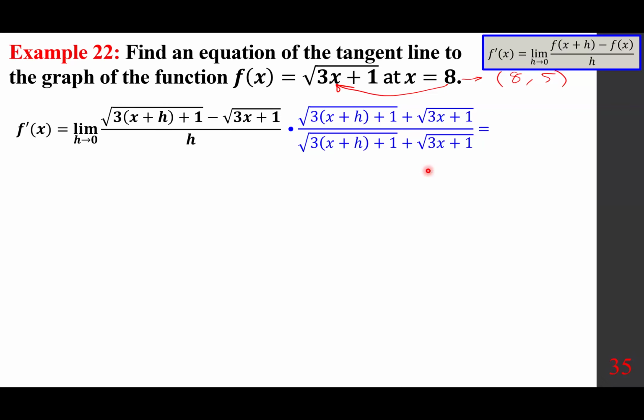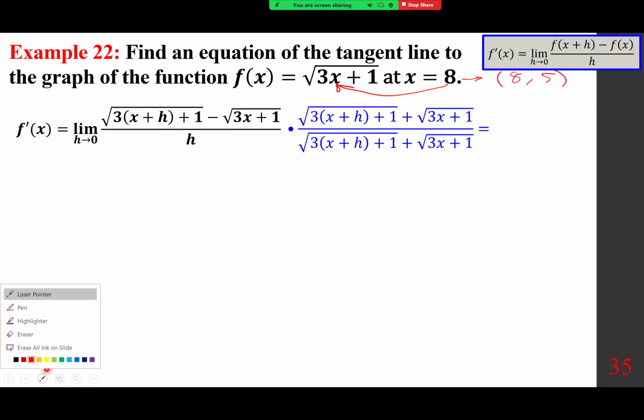First and foremost, we don't ever touch the denominator. We keep it as a product because, again, h is approaching 0. It creates a 0 in the denominator, and that's the problem, not the 0 in the numerator. So with that being the case, we keep this as a product. When we multiply these two, you're looking at a minus b times a plus b.